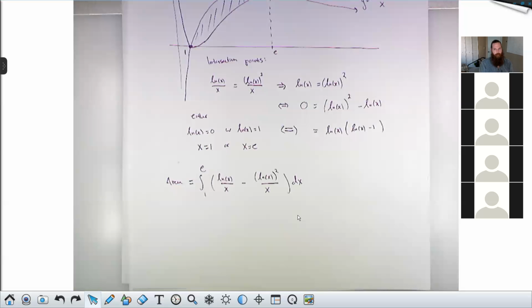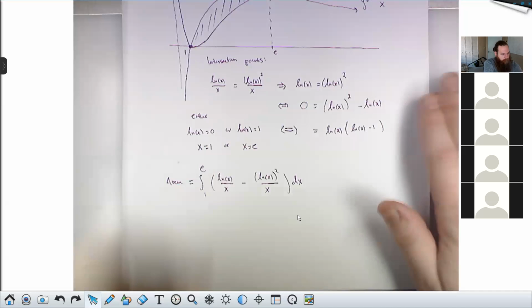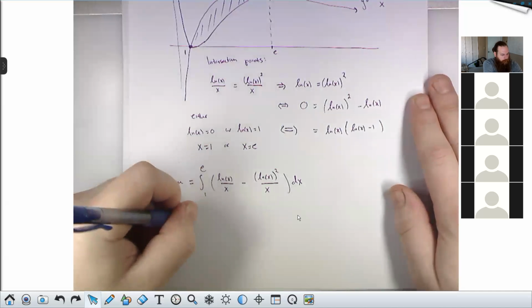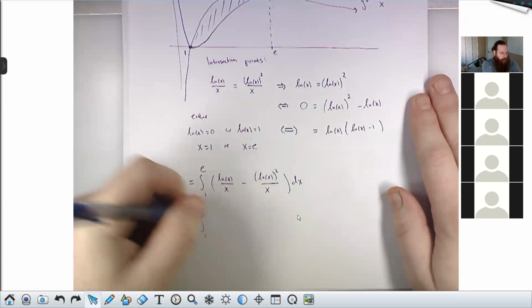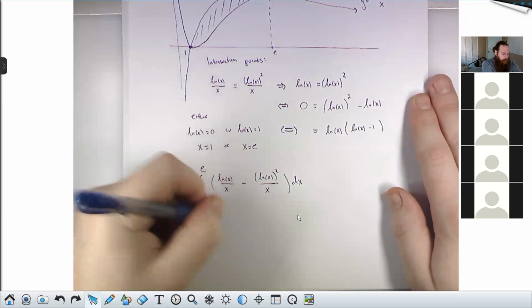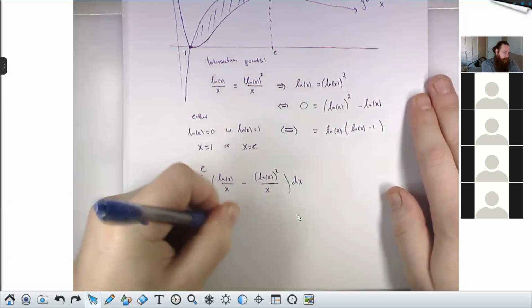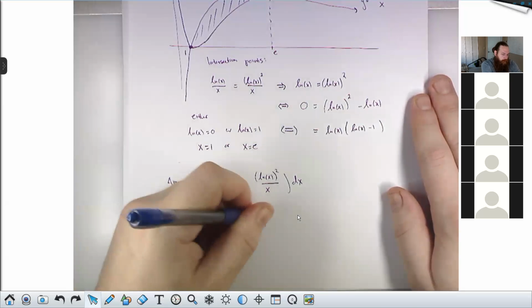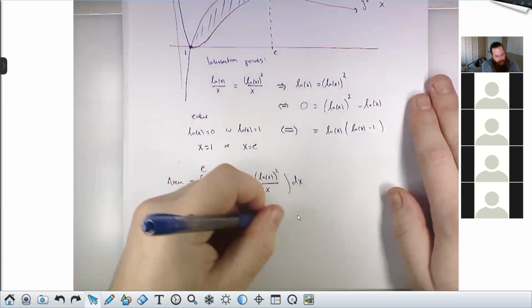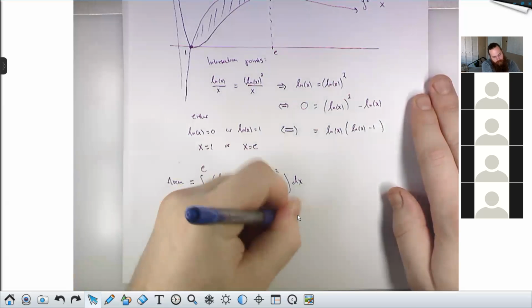Should we make u equal to ln of x? Yeah, good. If you want to, and I would consider doing this, I'd write this as ln x minus ln x all squared times 1 over x dx.